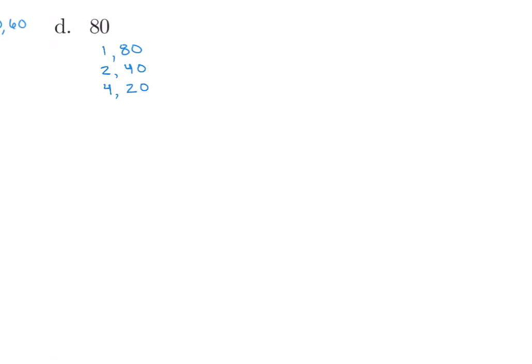It is divisible by 5. 5 goes into 8 one time. 1 times 5 is 5. We get 3. Bring down our 0. And 5 goes into 30 6 times. So we get 5 and 16. Is 80 divisible by 7?